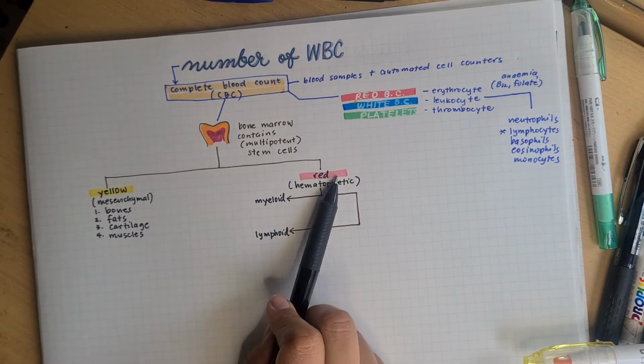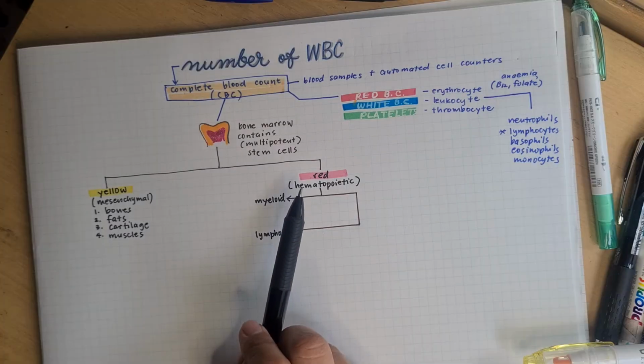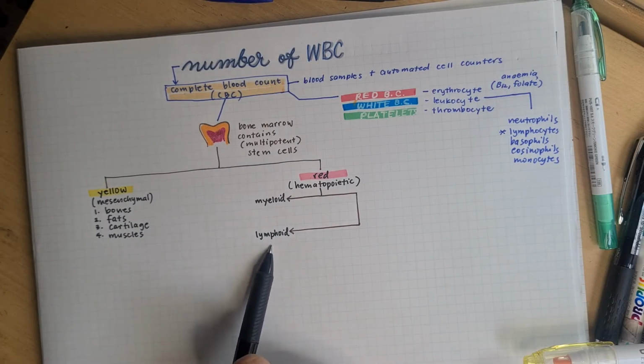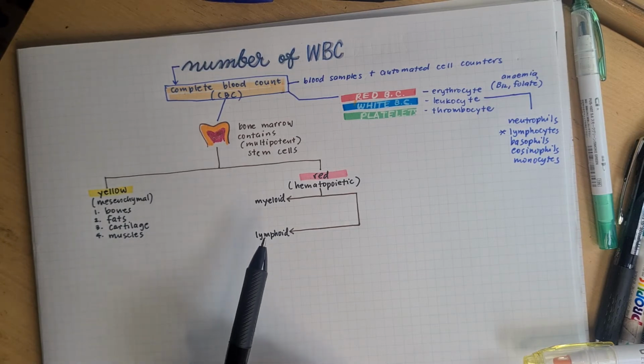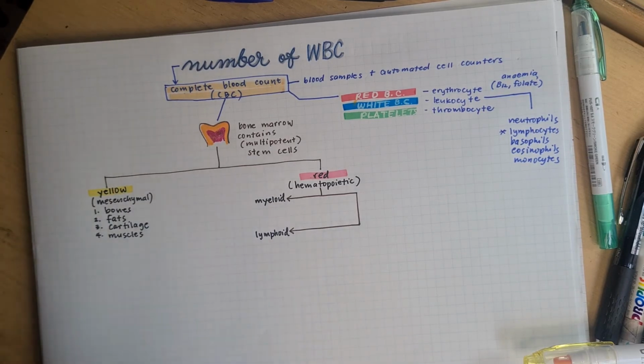The red, on the other hand, is known as hematopoietic, and this one gives rise to myeloid and lymphoid stem cells. Myeloid stem cells give rise to neutrophils, monocytes, platelets, eosinophils, and basophils, while lymphoid stem cells are the ones that give rise to lymphocytes, which are the B cells and the T cells.